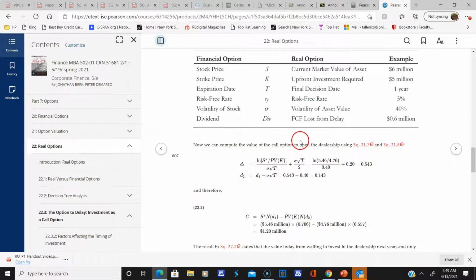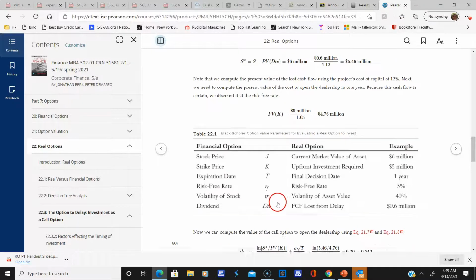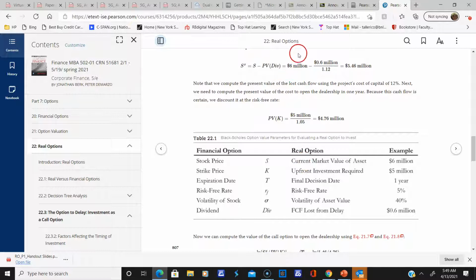So now we can compute the value of the call option. We have all the numbers we need here to open the dealership. And you see here's the equivalent stock price, that would be 5.46 million, which is here.